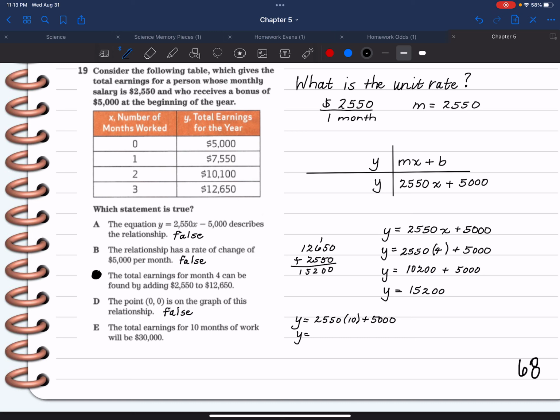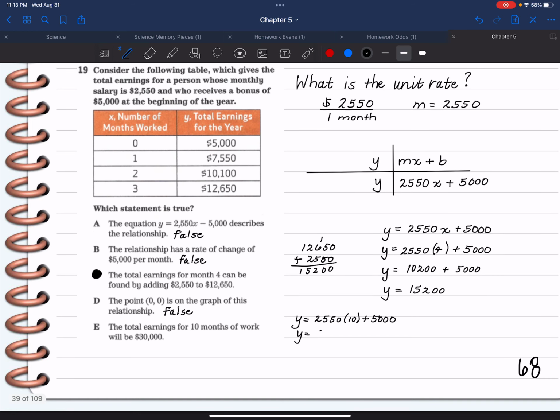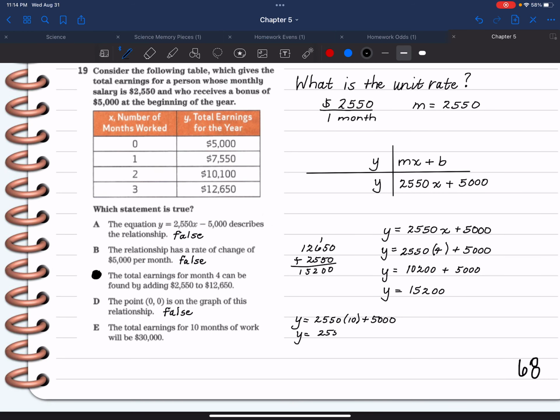So y is 25.50 times 10. That's 255 plus 5,000. That would be close, but not quite, 30,500. So this is a false statement. The only true one is C.